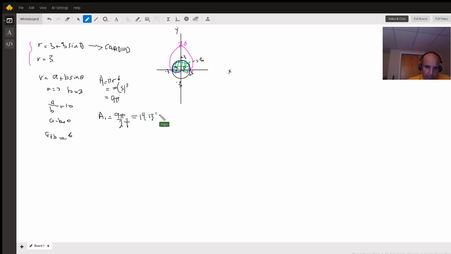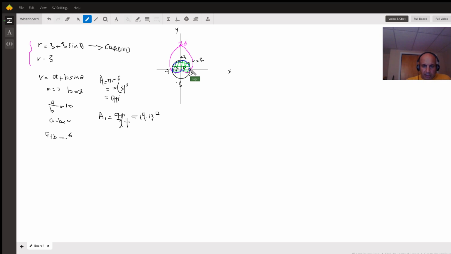Well, we do not know what it is yet, but we're just going to use that as a measure to see if we come up with something reasonable when we do the actual calculations for this. So this is what we're looking for. Now we're looking for the area.